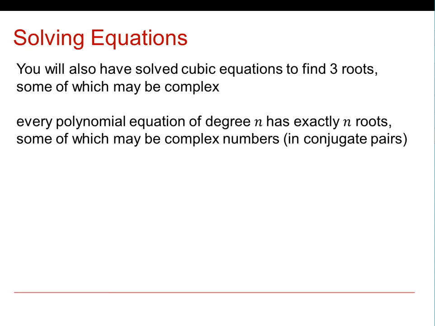You will also have solved cubic equations to find three roots, some of which may be complex. Let's sketch what sort of options there might be for a cubic curve. So we might have three real roots, there, there and there, or you might find that you have a repeated root.